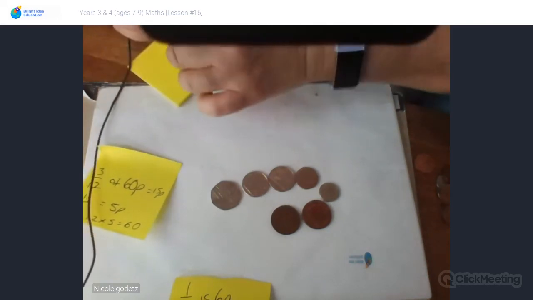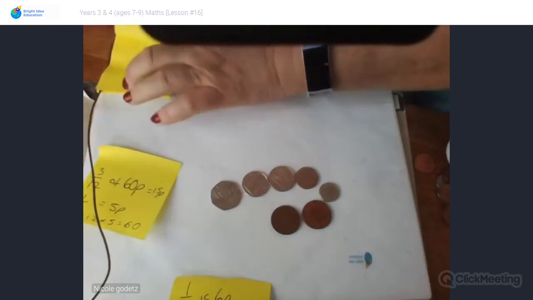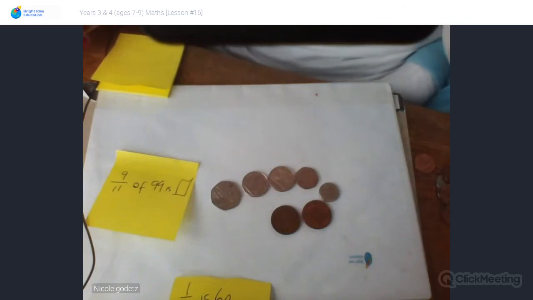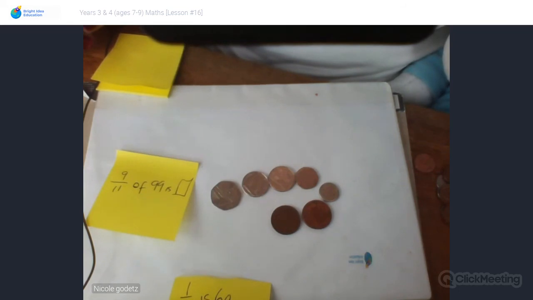How much do I have there? I have 99p. So what is 9/11 of 99p?